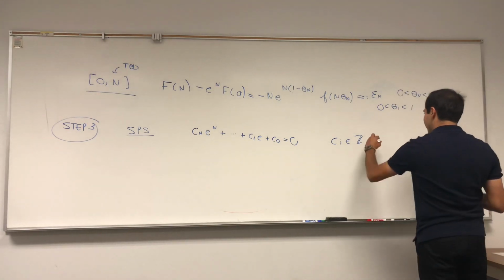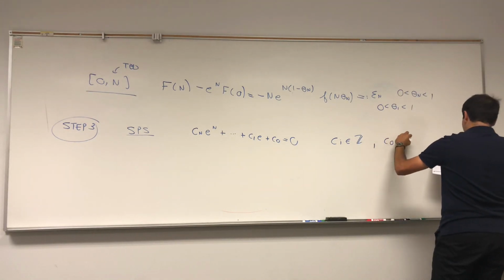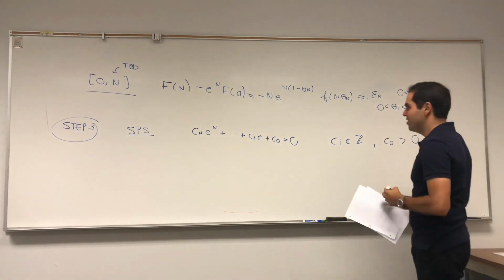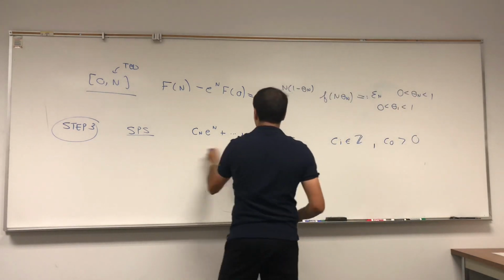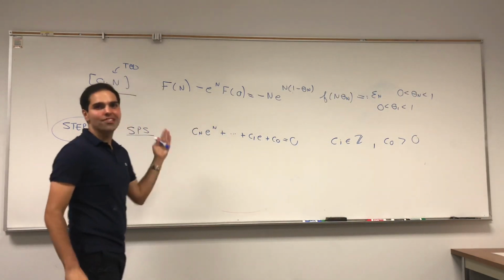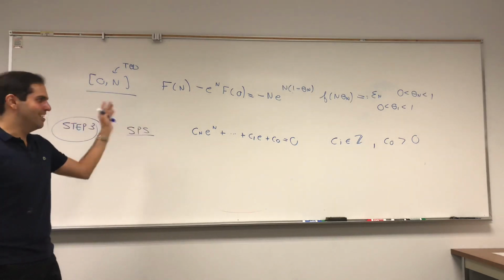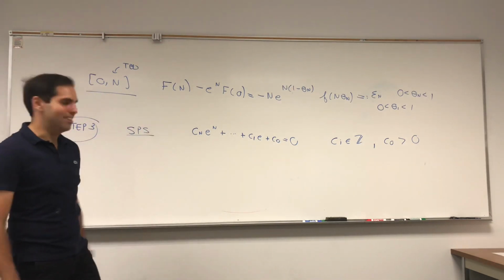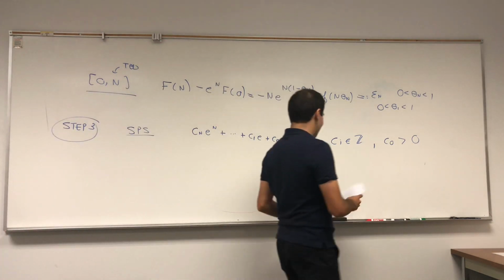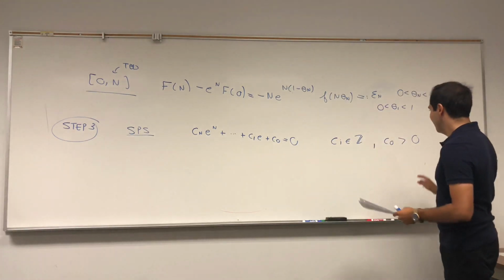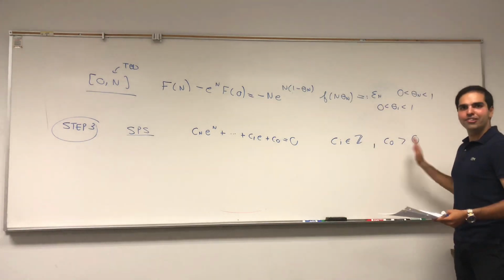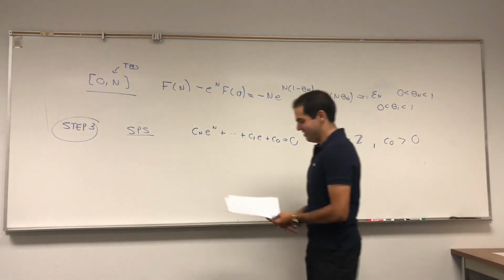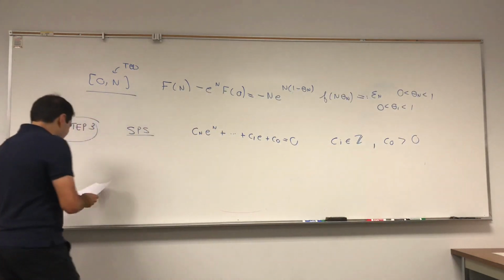So C0 is positive. And if it's 0, just take that polynomial, factor e out, and divide by e. And then you get the same spiel, where you can assume that coefficient is positive. And this will be useful later. I don't quite remember where, but very soon we'll see.